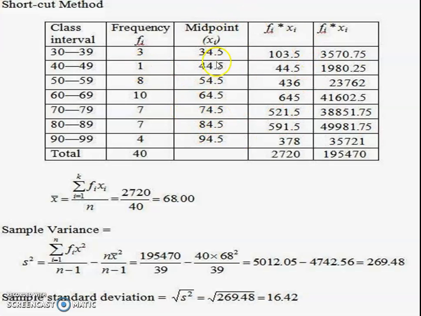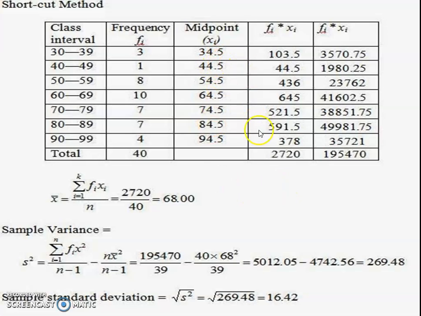Now we have to multiply fi into xi. 34.5 into 3 is 103.5. 1 into 44.5, 8 into 54.5 is 436, 10 into 64.5 is 645, 7 into 74.5 is 521.5, 7 into 84.5 is 591.5, 4 into 94.5 is 378.